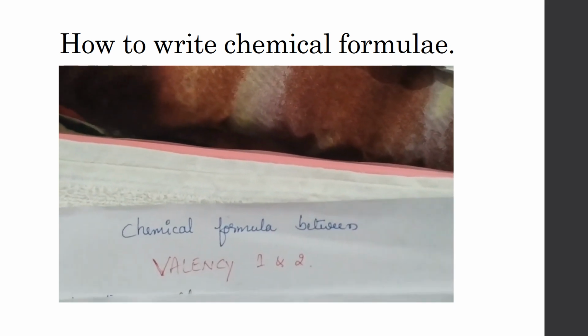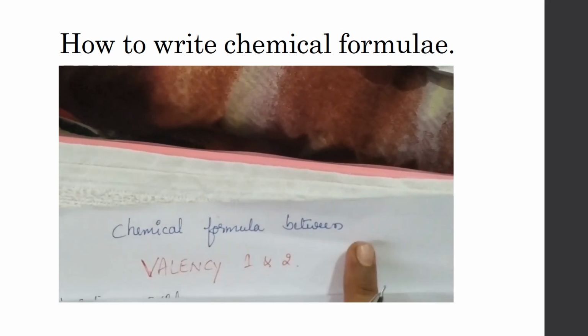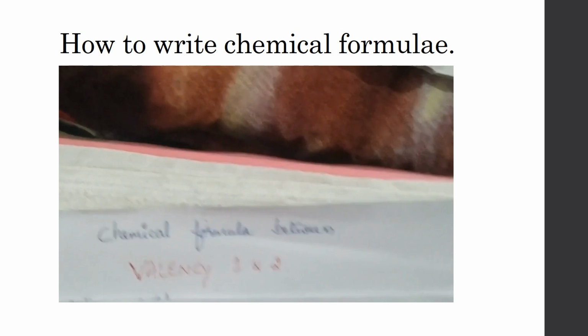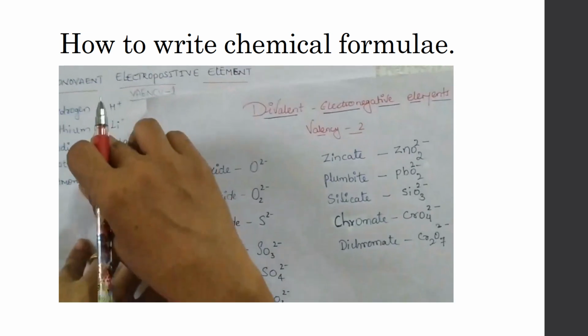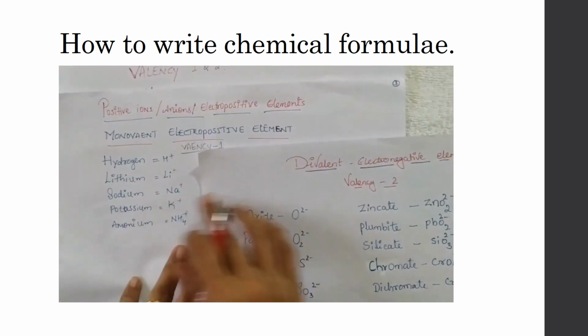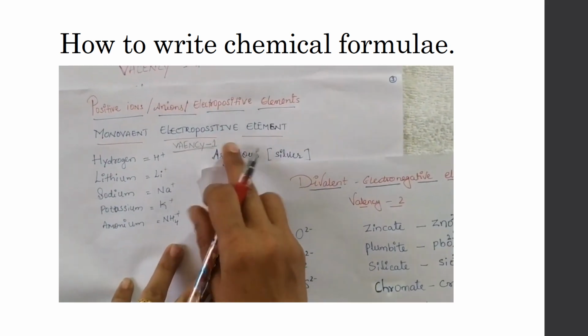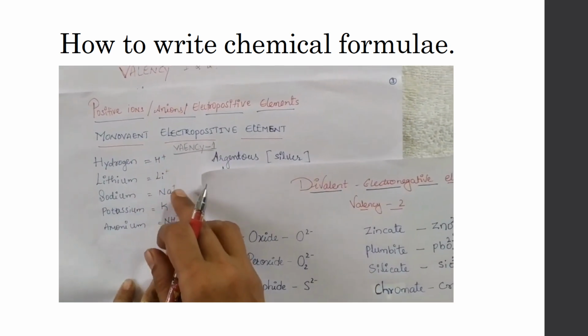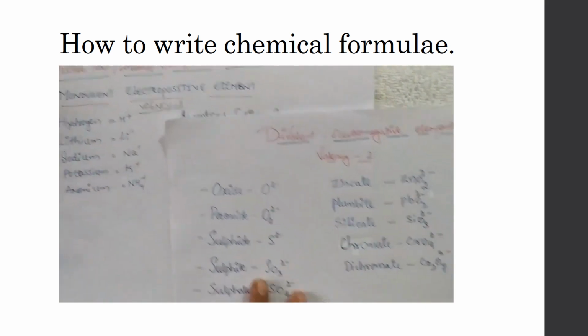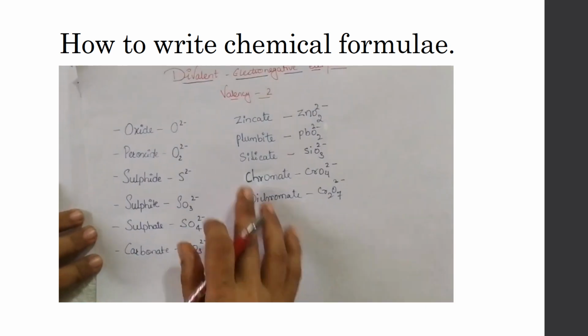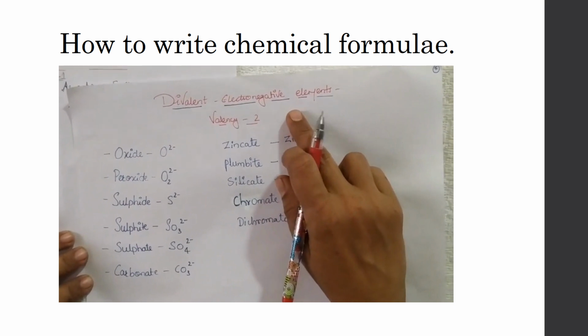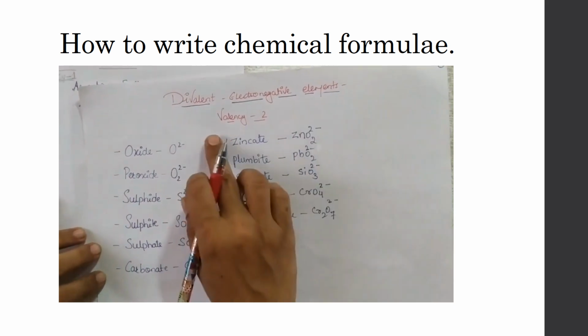Now we will discuss the chemical formula between valency 1 and 2. Here some charts are there. As you know, the monovalent electropositive elements which have valency 1 are hydrogen, lithium, sodium, potassium and ammonium. This chart has divalent electronegative elements which have valency 2.